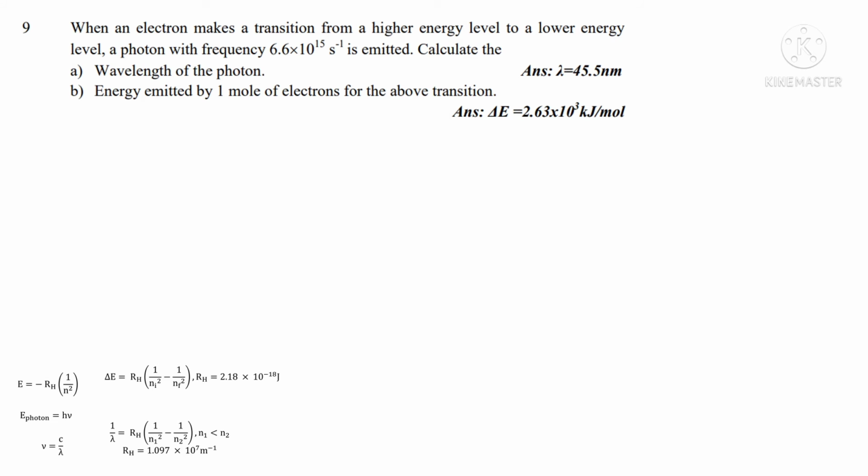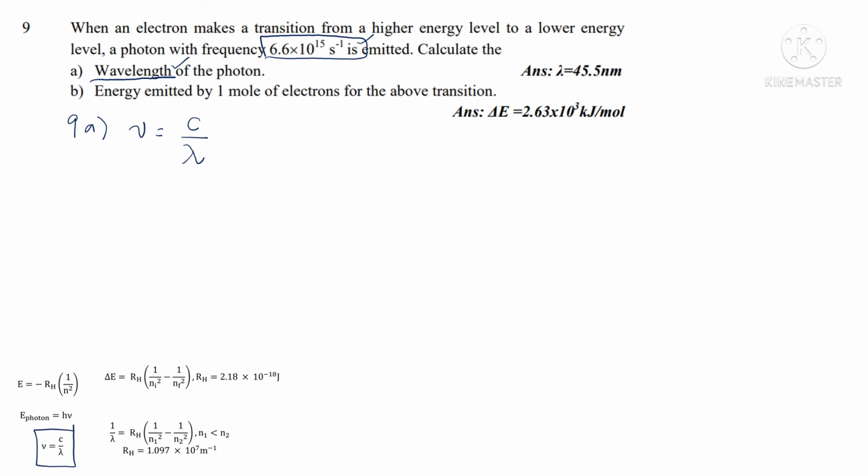For question number 9a, we are given the frequency of a photon and asked to calculate the wavelength of the photon. Which formula relates the frequency of a photon with the wavelength of the photon? This is the formula: frequency of photon equals speed of light divided by lambda.